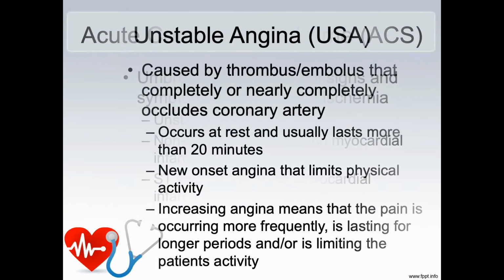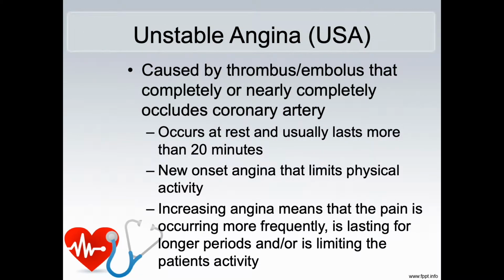Unstable angina, or USA, is caused by a thrombus or embolus that nearly completely occludes the coronary artery. So the symptoms occur at rest and usually last more than 20 minutes. They limit physical activity and they have increasing angina. Again, that means the pain is occurring more frequently, is lasting for longer periods of time, and is limiting the patient's activity.